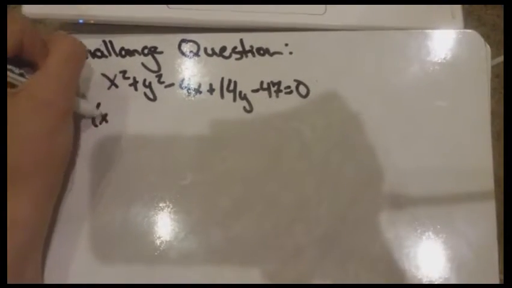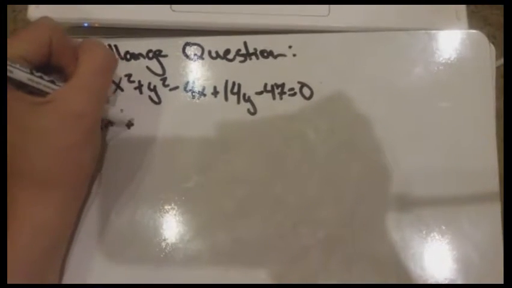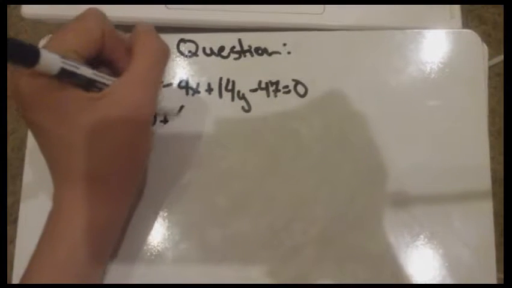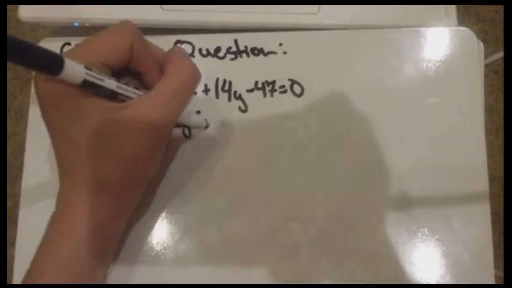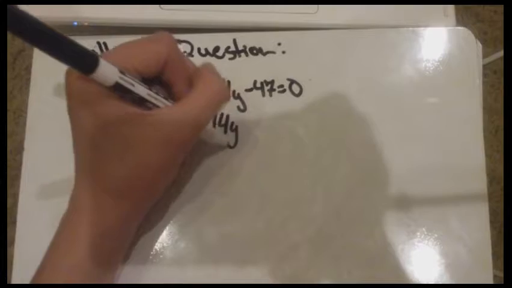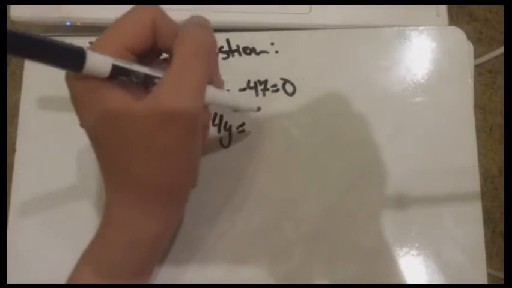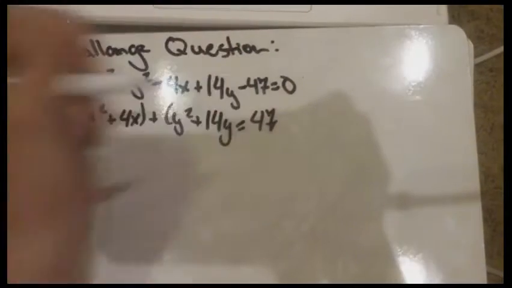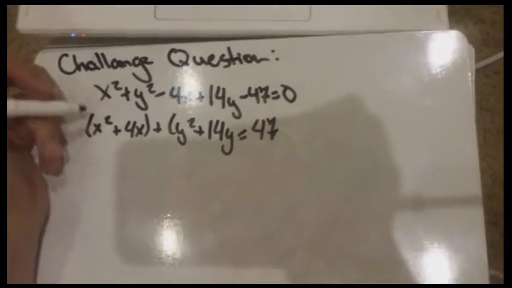So you're going to do x squared minus 4x plus y squared plus 14y. And then you can move the 47 over, so it's positive 47, equals 47.